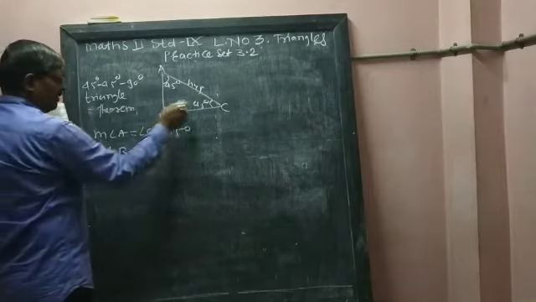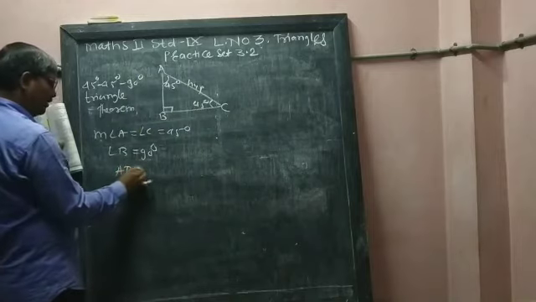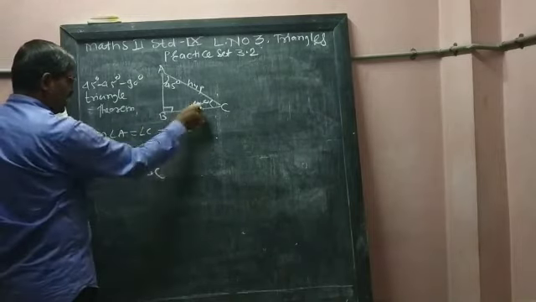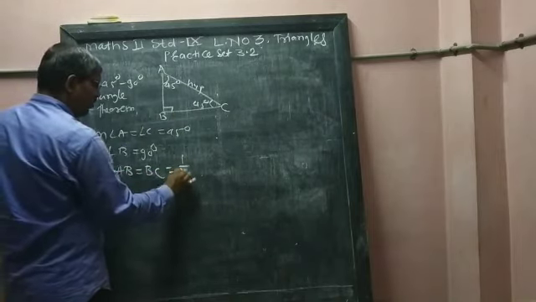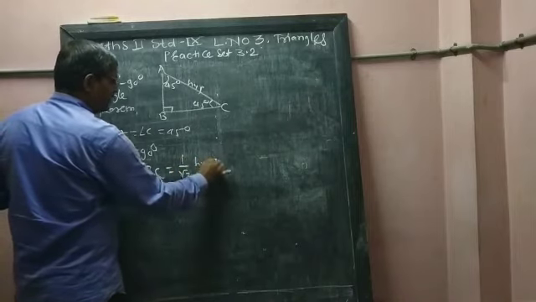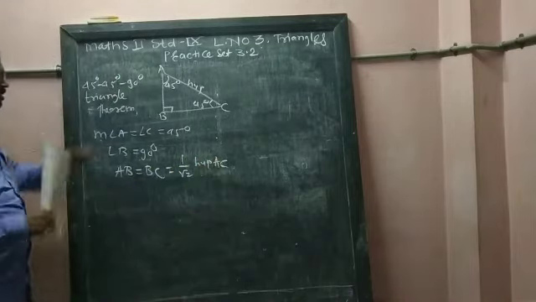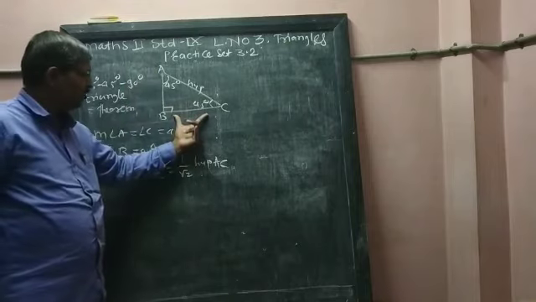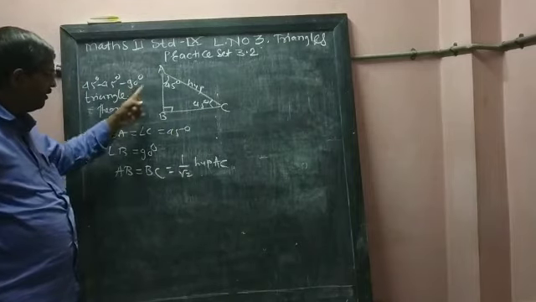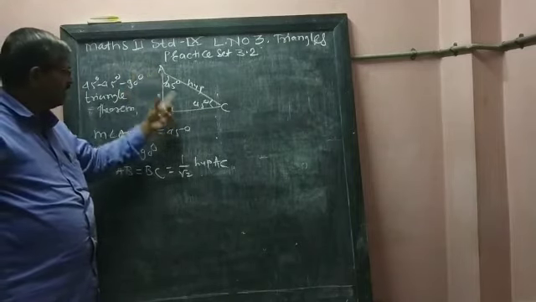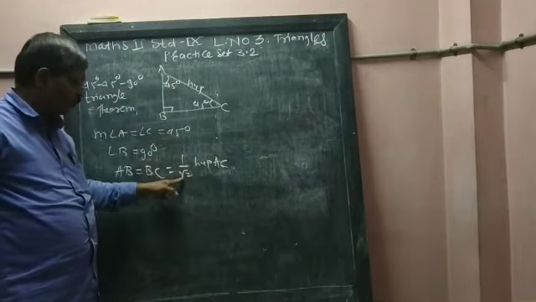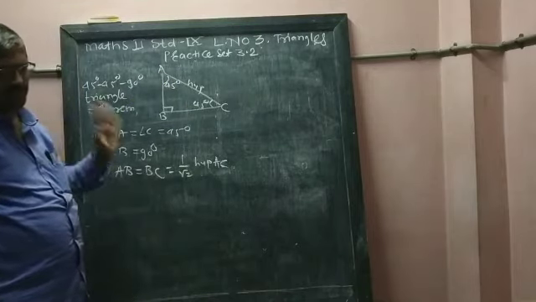And in this case AB is equal to BC. What is the length of AB and BC? AB and BC are equal to each other, and the length of AB and BC is always 1 upon under root 2 into hypotenuse AC.